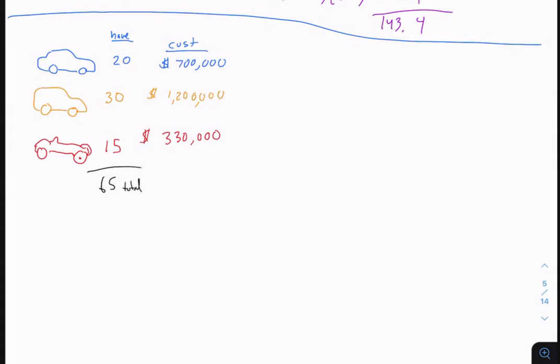So the abundance for this sedan is 20 over 65. Okay, so I'm going to make another column here. Abundance, and so that would be 20 over 65. We could calculate this as a decimal, but that's not really that important right now. For the SUV, it's 30 over 65.